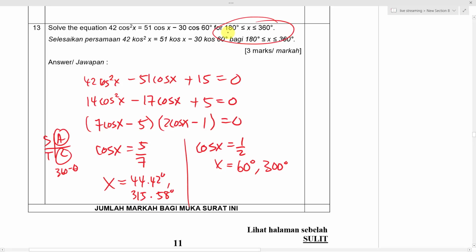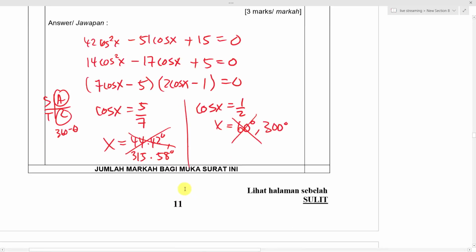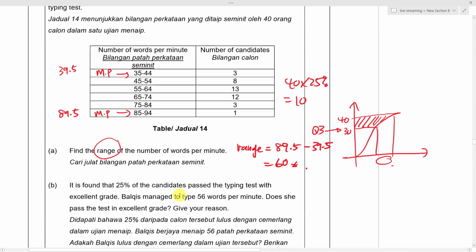Oh, sorry, I forgot to see the range, right? Because the range is 180 to 360, so we ignore any angle before it. We only take the angle between 180 and 360. Yes, thanks for that. I will see the chat room, but I cannot keep watching the chat room and do this at the same time. Yeah, I'm not so good at multitasking.